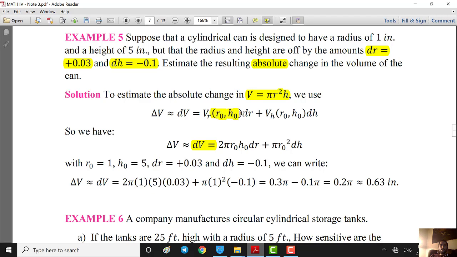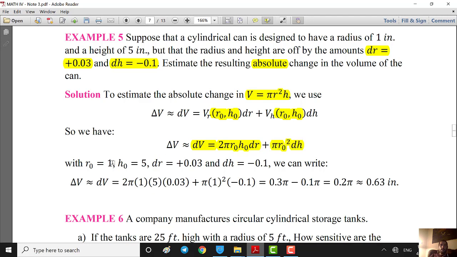So it is going to be 2 pi r0 h0 and the whole thing times dr. And round v over round h when v is equal to pi r^2 h is equal to pi r^2 evaluated at r0 h0 would be pi r0^2. Okay? And the whole thing times dh.